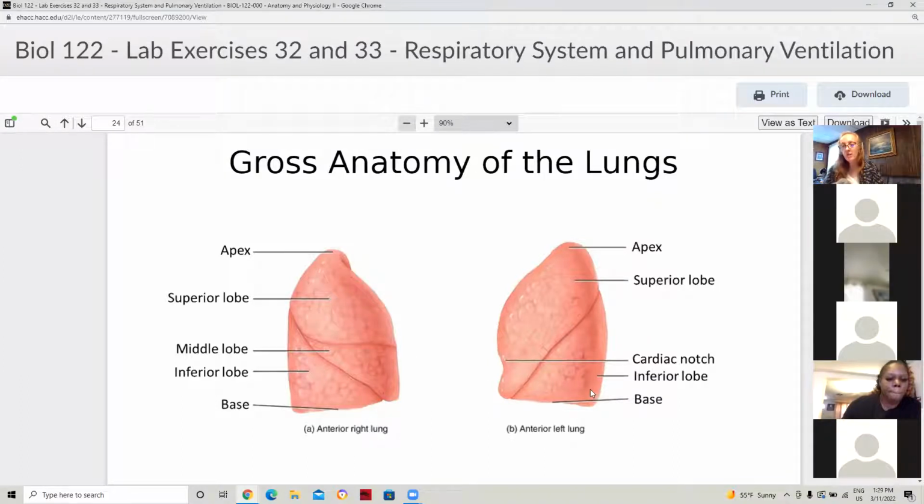The left lung has an inferior lobe and a superior lobe. And the cardiac notch is where the heart is going to actually sit in the cavity there.